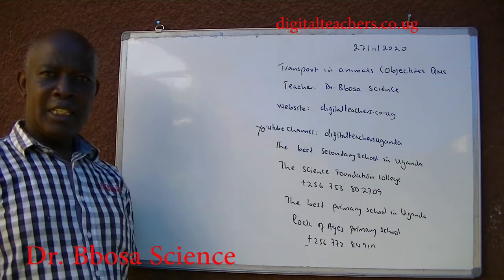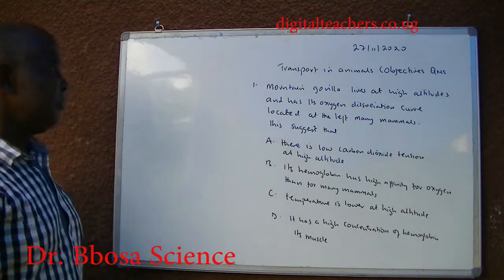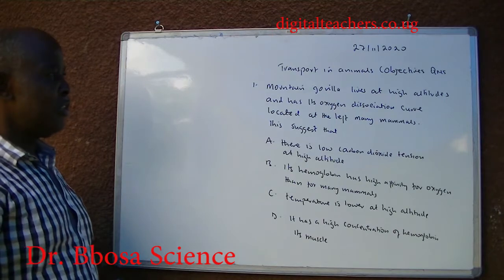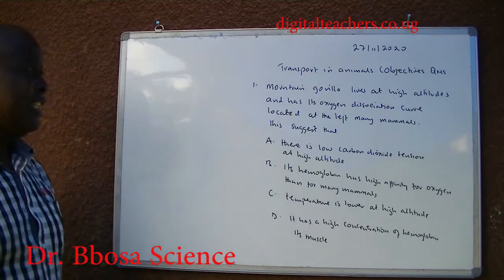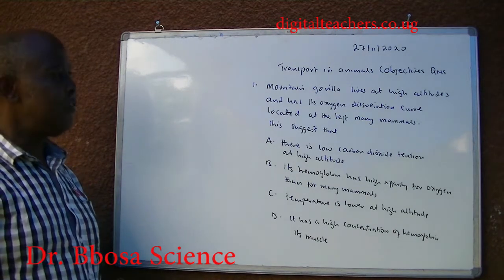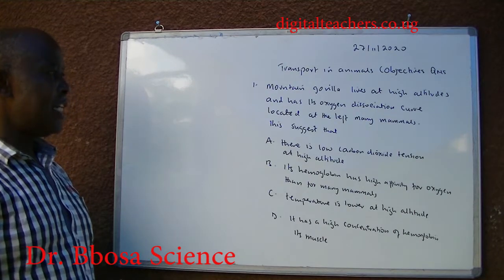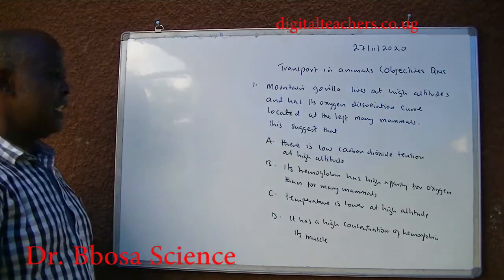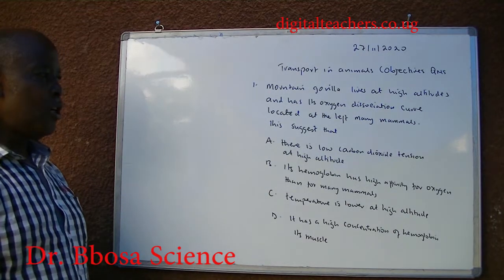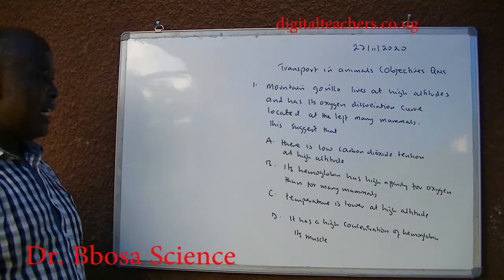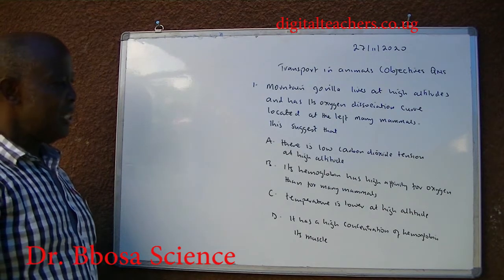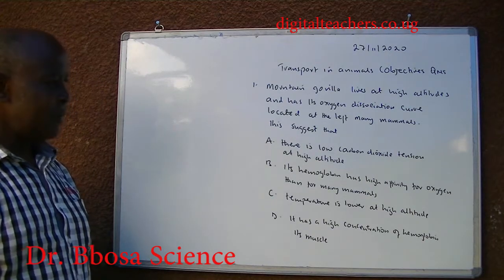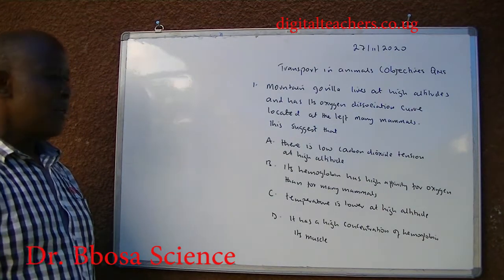Science. Number 1, mountain gorilla lives at high altitude and has its oxygen dissociation curve located at the left of many mammals. This suggests that A. There is low carbon dioxide tension at high altitude. B. Its hemoglobin has high affinity for oxygen than for many mammals.